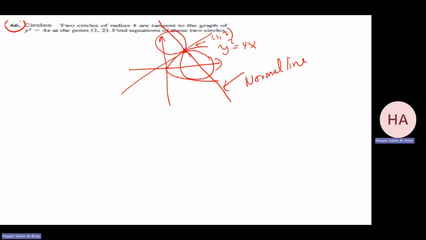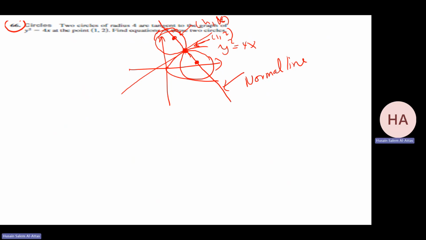This is a circle, and this is now the radius. If I get the center, I get the radius. So I call the center H and K. I know this is a point on the circle, which is 1 and 2, since it's tangent to the curve at this point.